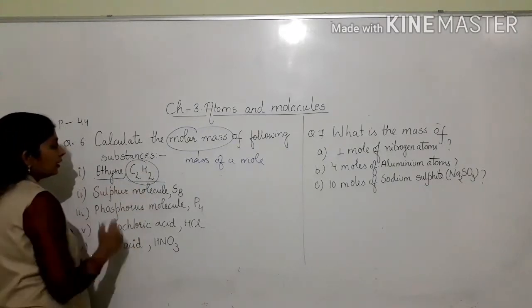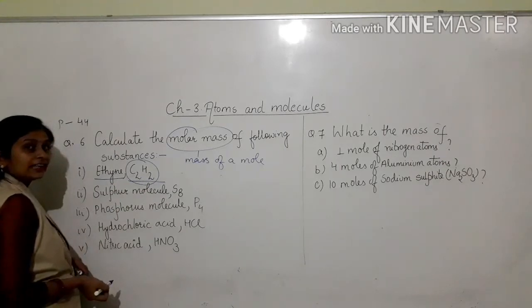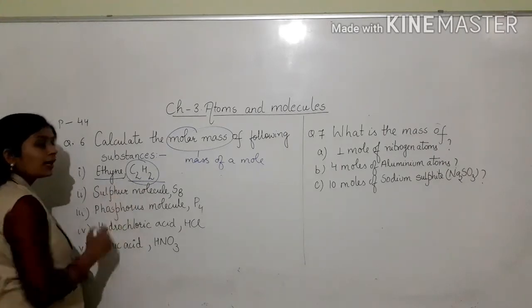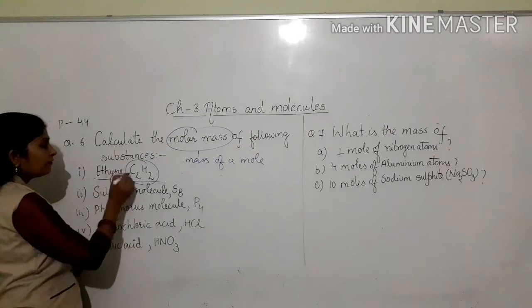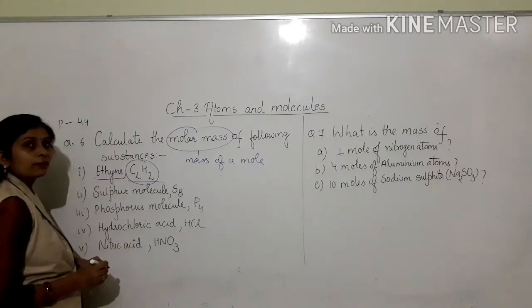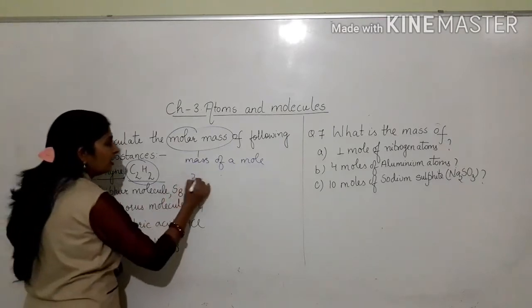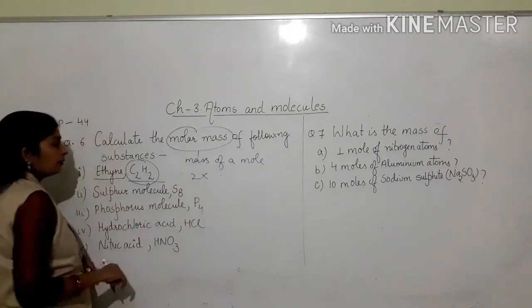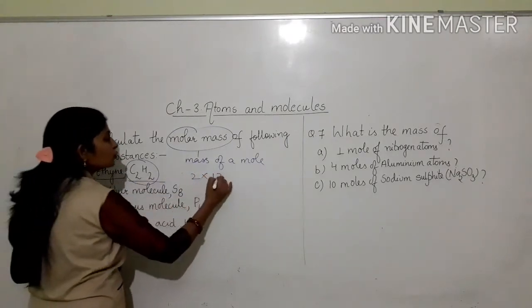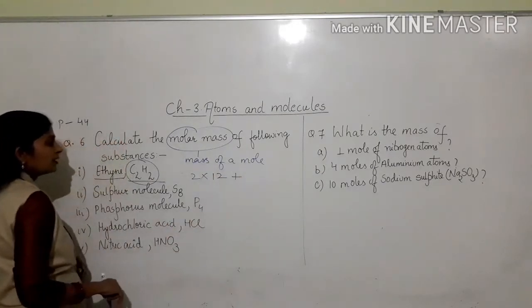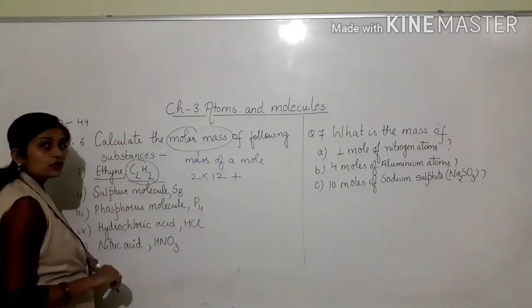Now, in a molecule of ethine C2H2, there are 2 carbon atoms. If one carbon atom has atomic mass 12 U, then 2 carbon atoms will have mass 2 into 12 U, plus there are 2 hydrogen atoms.